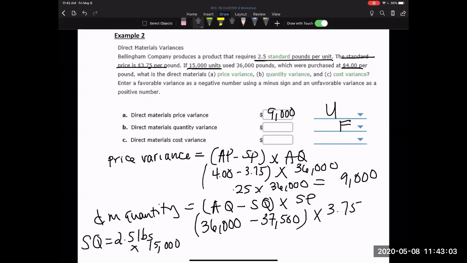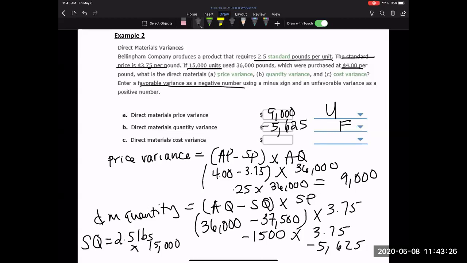And so that comes out to a negative 1,500. And then I'm going to multiply that times $3.75. And that comes out to $5,625. And remember, favorable variance is a negative number. So I'm going to do minus 5,625.